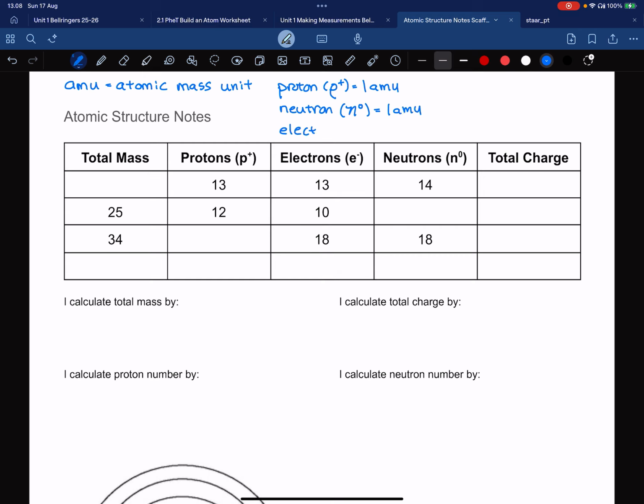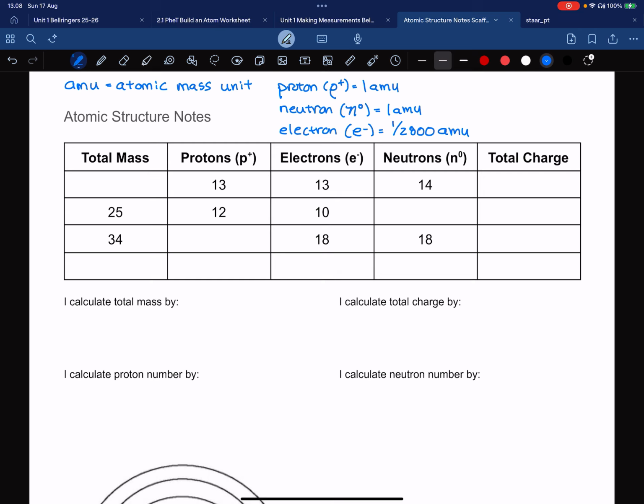And an electron, which we will abbreviate with that E negative, actually has 1 over 2,800 AMU of mass. So we can basically assume that's more or less 0. Okay? Then we have some definitions for various things.